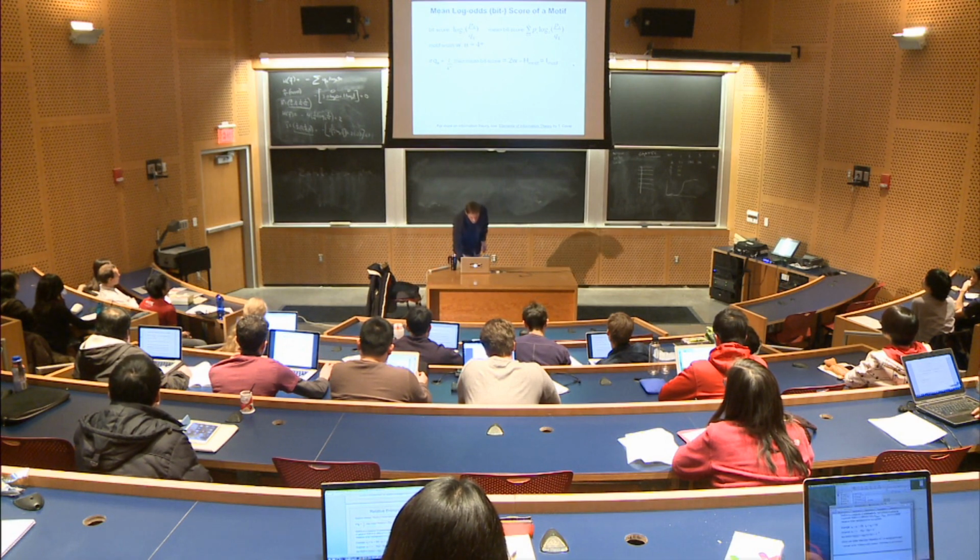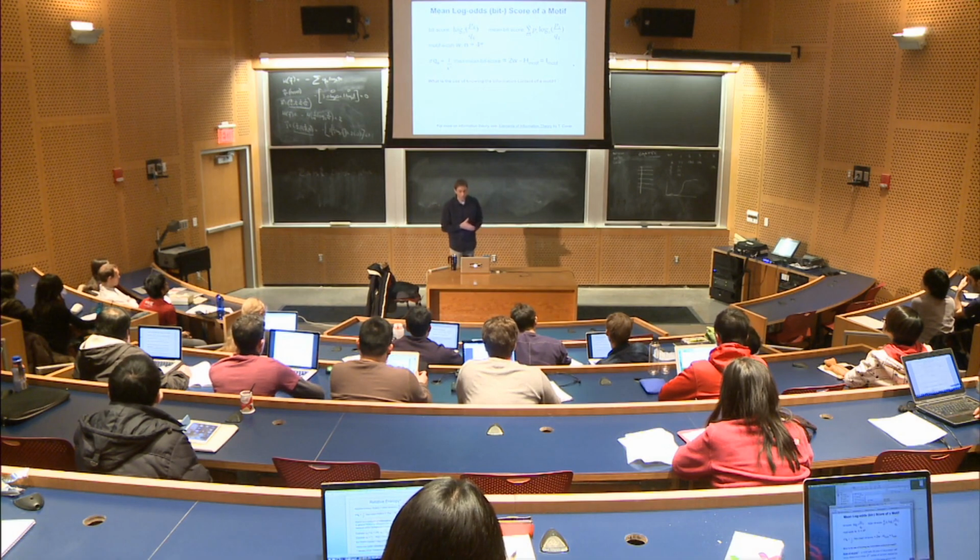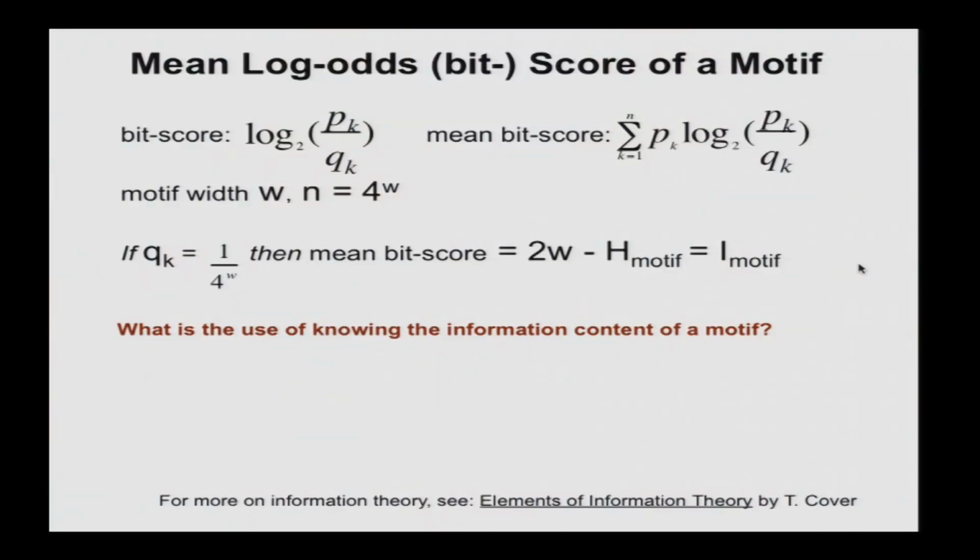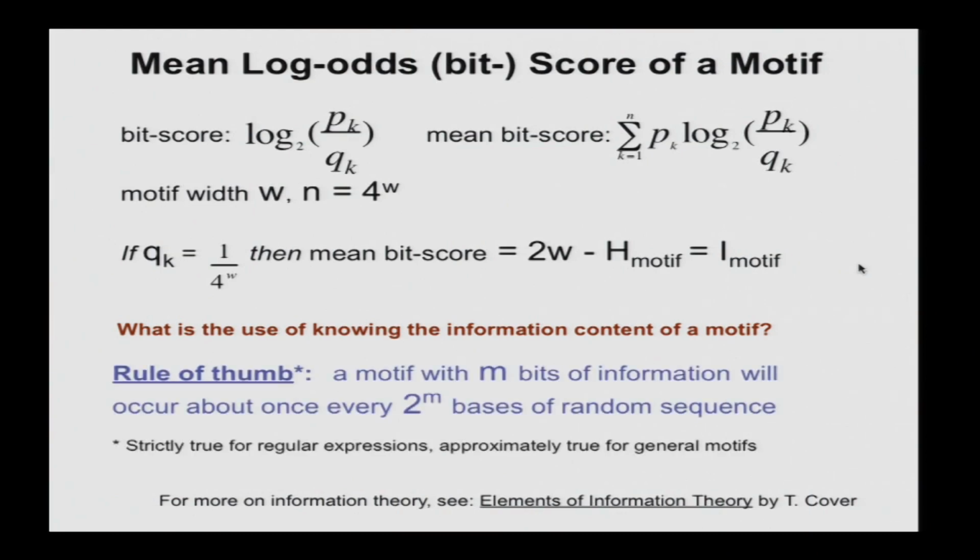Okay. So what I wanted to get to is this big question that I posed earlier. What's the use of knowing the information content of a motif? One use is that it's true, in general, that a motif with m bits of information will occur about once every 2 to the m bases of random sequence.